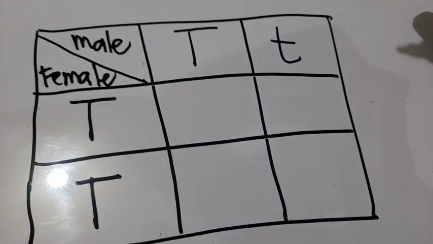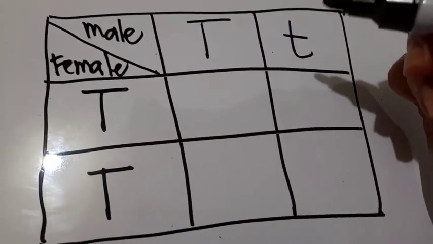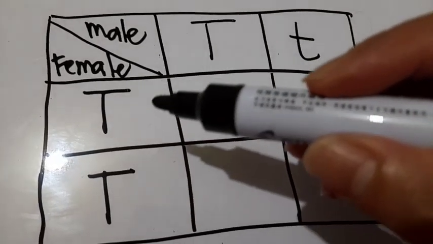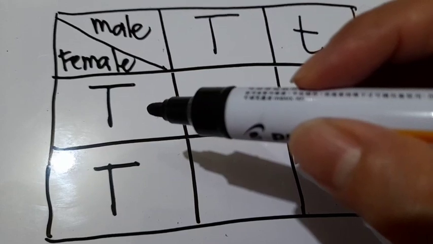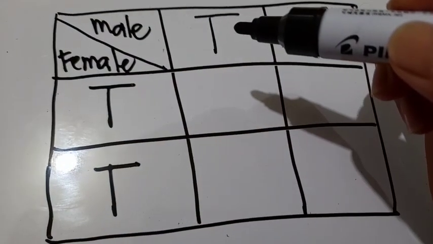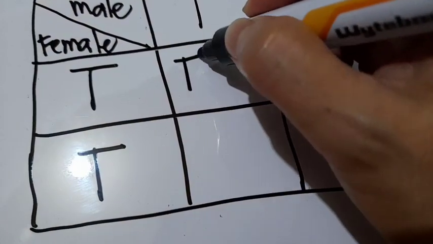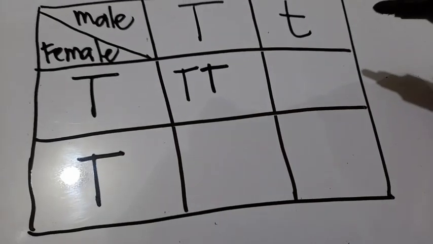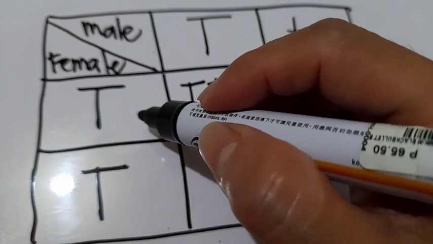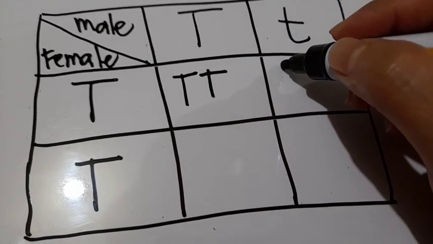So what will be the possible outcomes of the cross? We will only pair the genes. So we will pair the tall with another tall. So we will just combine the two factors. So that will be tall. Then number 1 will be paired with number 2.